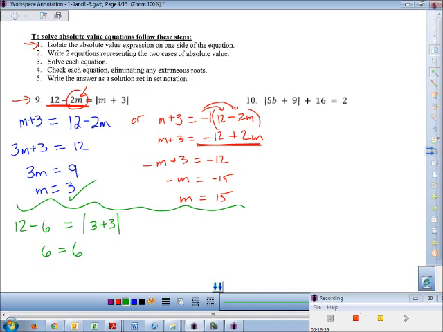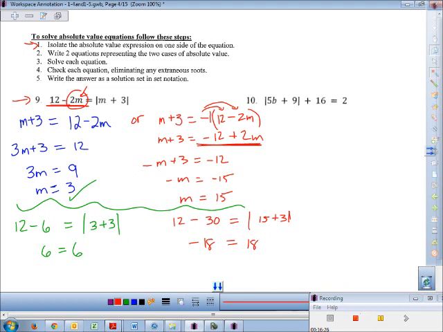Let's try 15 now. Put 15 in. So I'll have 12 minus 2 times 15, which is 30, equals absolute value of 15 plus 3. What is 12 minus 30? -18 equals absolute value of 15 plus 3 is 18.